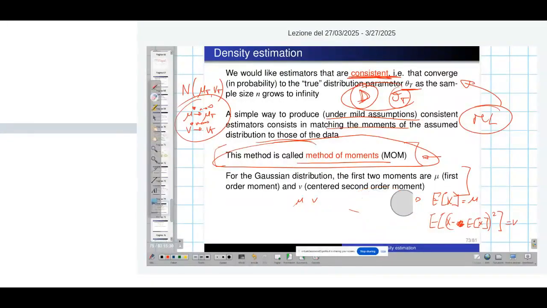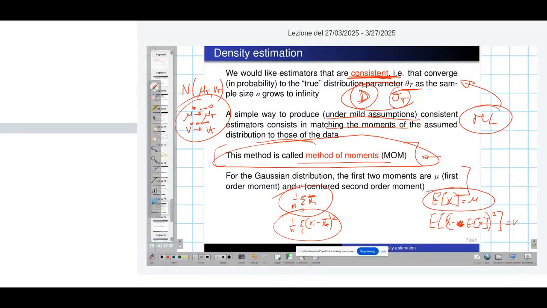Then we can do the same on our training set. So we can compute the empirical mean of the dataset and the empirical variance of the dataset. This is the empirical mean, so the mean computed over the samples. This is the variance computed over the samples.